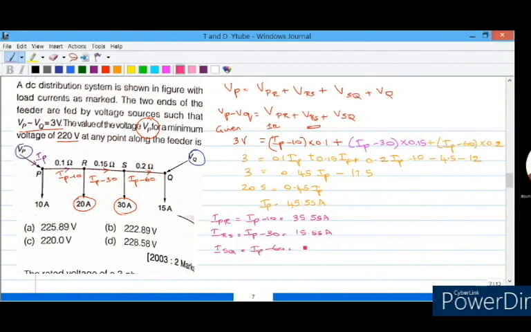So it is 45.55 minus 60, and the answer is minus 14.45. It means that the current flows in the opposite direction. So the current actually flows in this direction only, which is 14.45 amps.